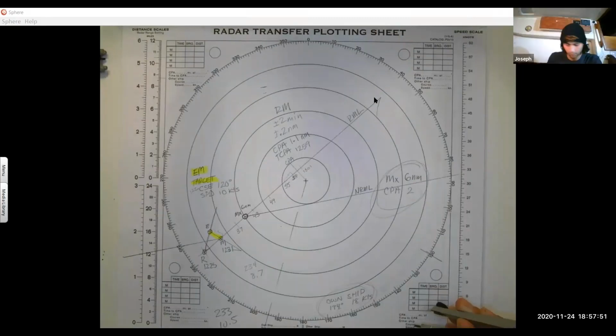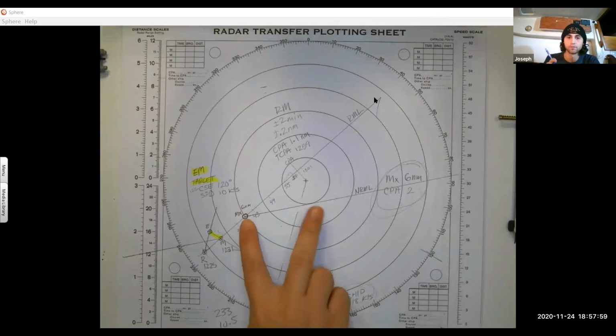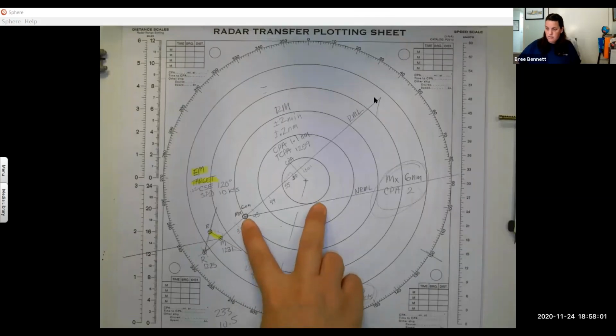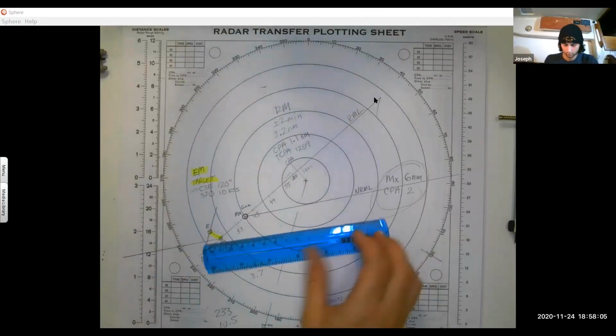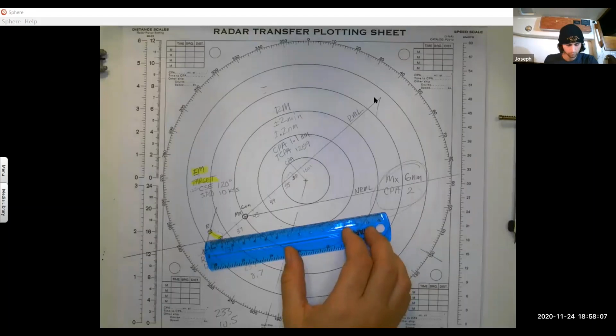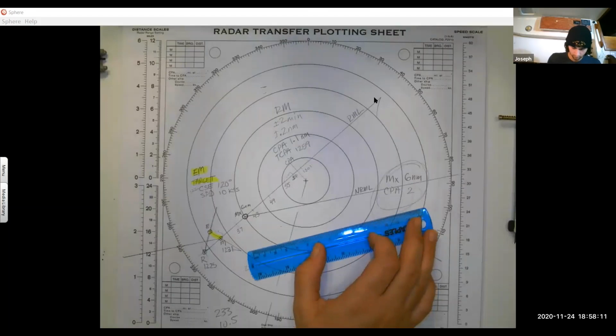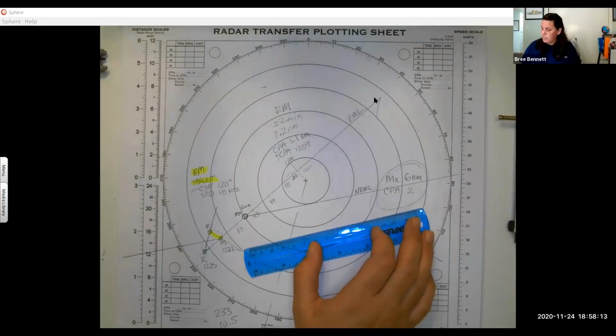Although from there, you'd measure MX to the 2 nautical mile ring. I ended up getting 5.5, which I'm not entirely confident in. I'm not sure what number you're talking about there.